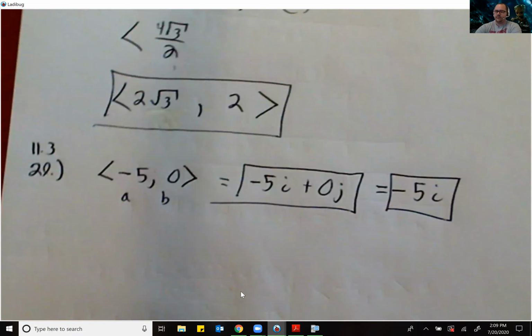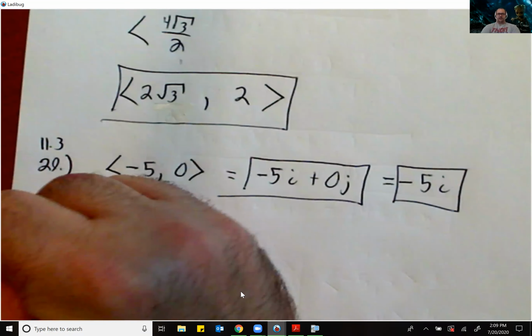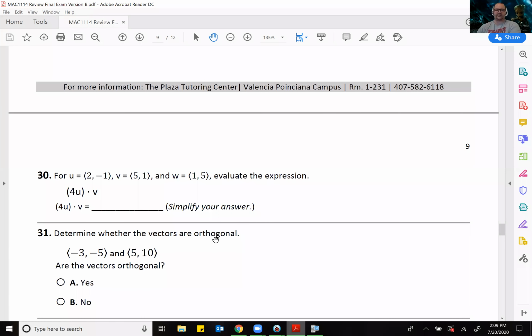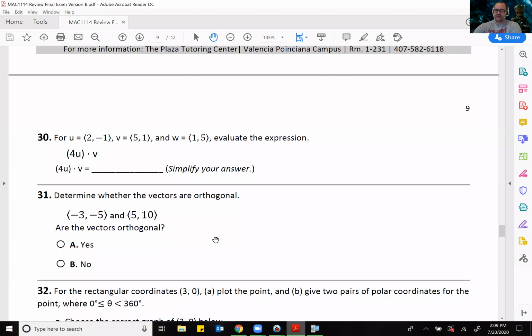Okay? Number 30. So a little vector manipulation here. So 11.3. So u is equal to 2 comma -1, and V is equal to 5, 1, and W is equal to 1, 5.